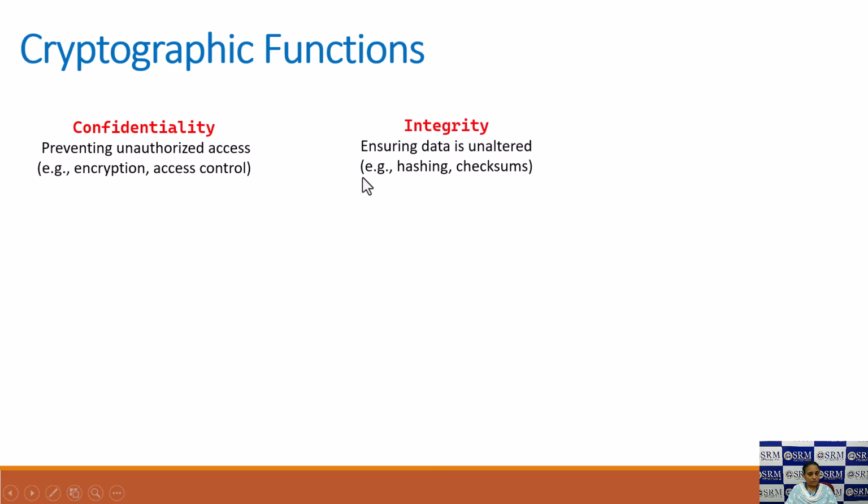The next is integrity: ensuring the data is unaltered and untampered. For that, we use hashing and checksums. Hashing is a technique which converts your data into a form that cannot be reversed.